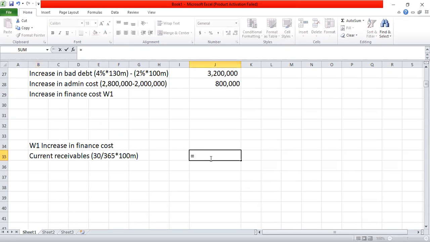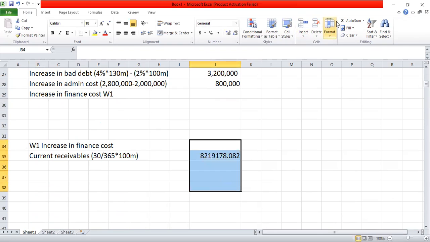I have 30 days over 365 times 100. This is the current receivable at the end of the year.